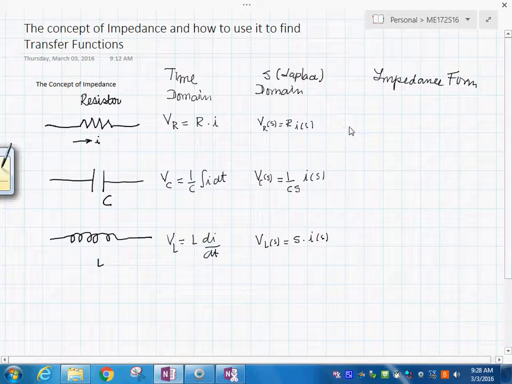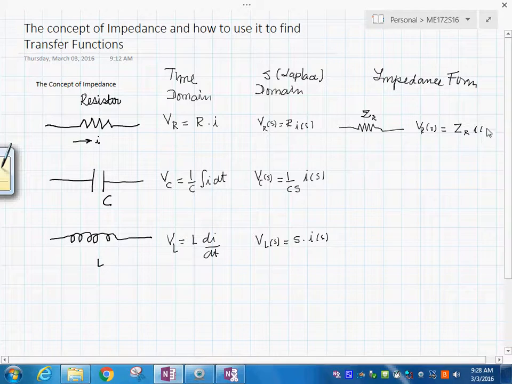Let's call it Z for impedance, Z of R. So this is like having the voltage of the resistor in the S domain is Z of R times I of S. So Z of R is really R in this case.